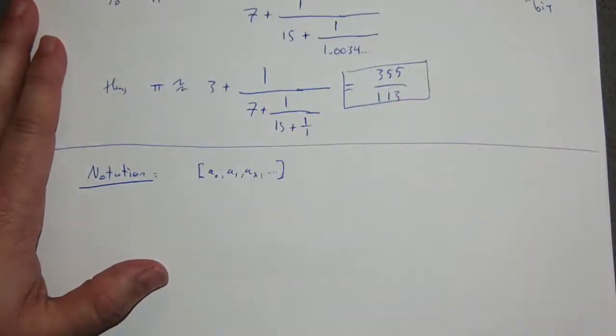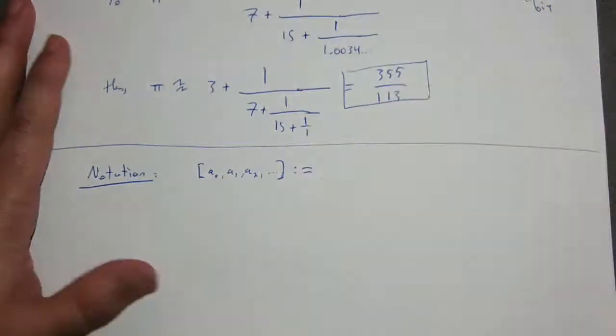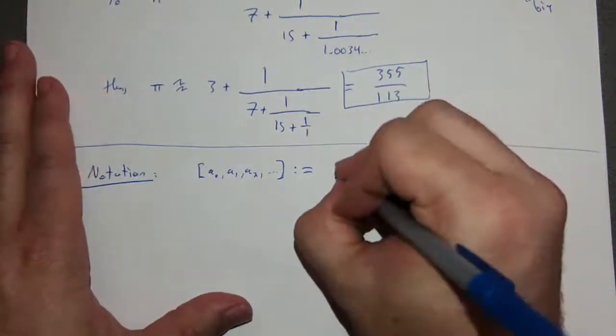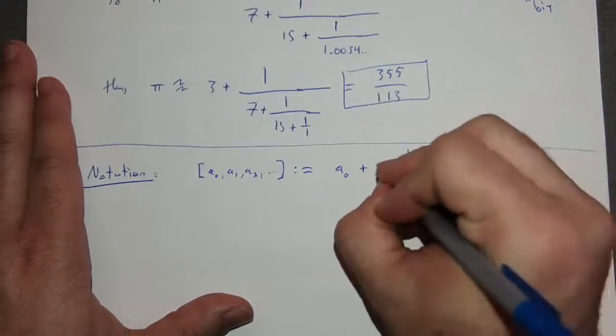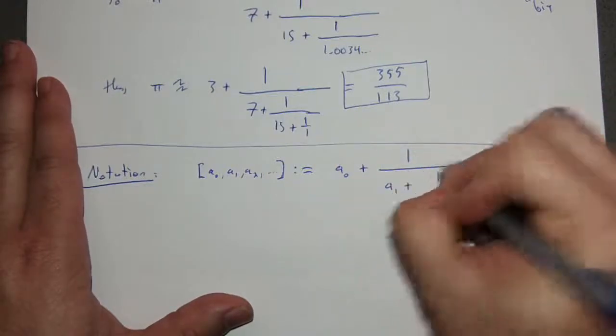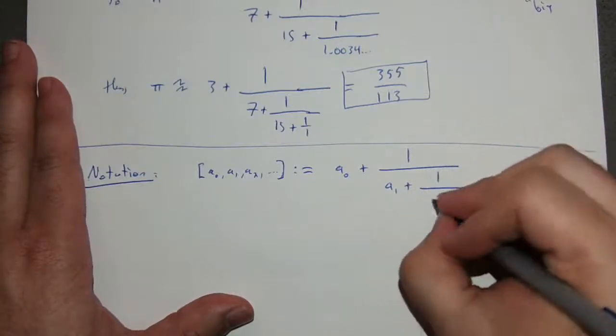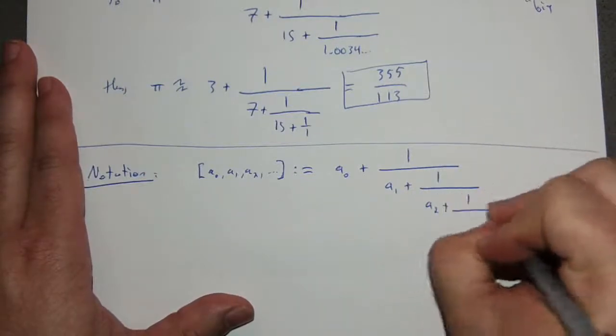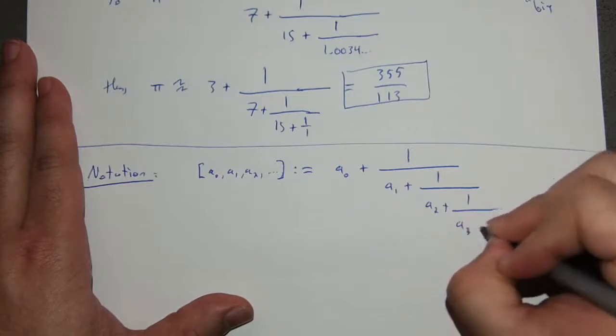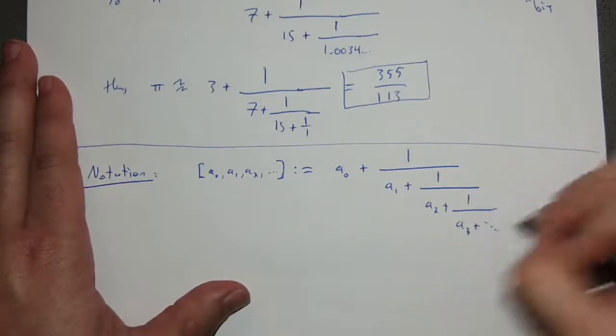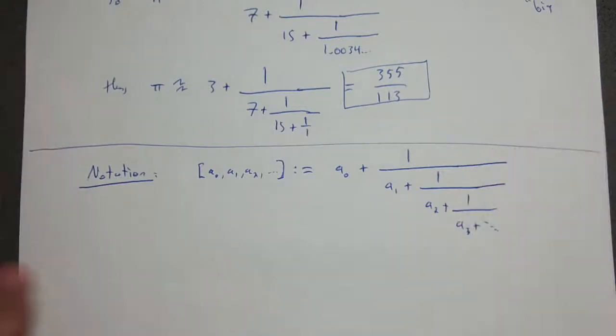So it repeats indefinitely. This is defined to be A0 plus 1 over A sub 1 plus 1 over A sub 2 plus 1 over A sub 3 plus so on. Okay. So this is what I mean by this bracket notation for continued fractions. And this will save me a lot of time and effort.